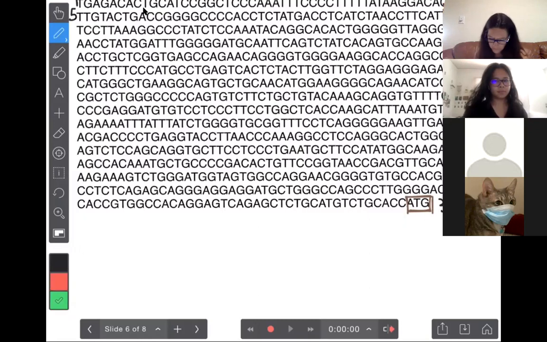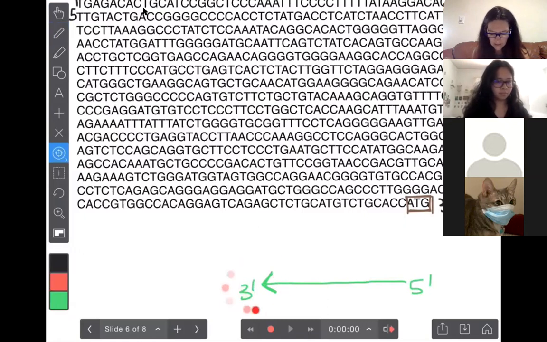So here's what I want my primer to be, and I want it to be 5' to 3'. I definitely want this end to be the 3' end because I want it to go this way. If I made my primer with the 3' end over here, it'll PCR in that direction into the coding sequence.